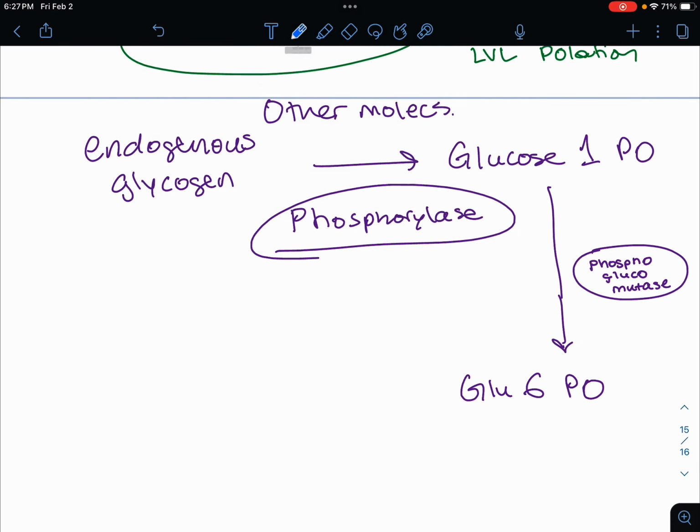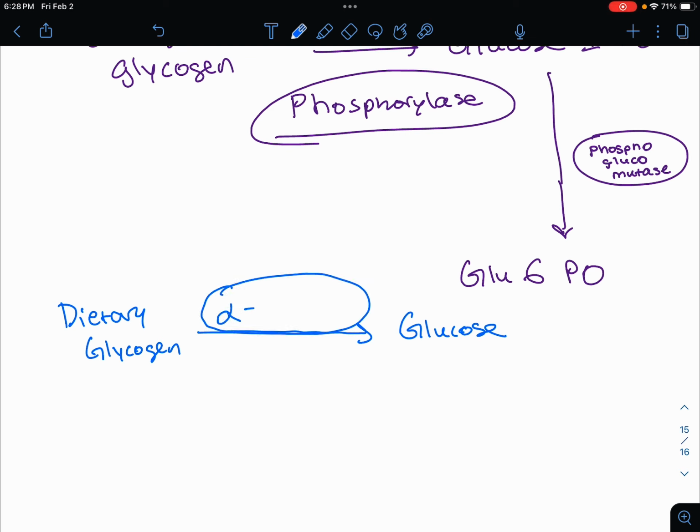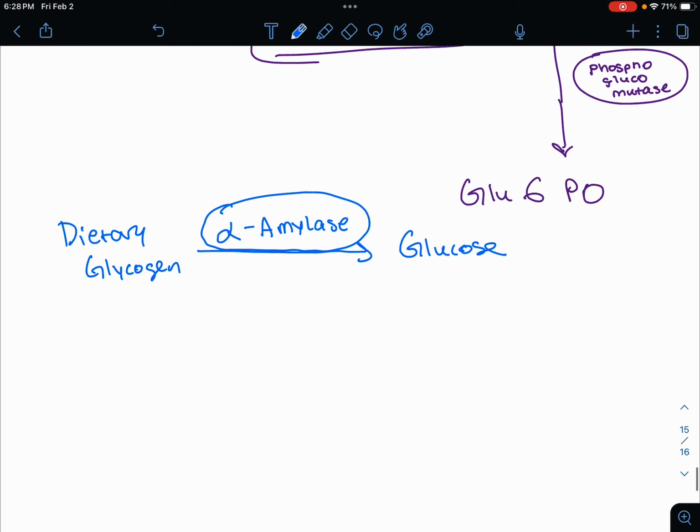Another molecule that could be used in glycolysis would be the dietary glycogen. Dietary glycogen goes to glucose in a whole slew of steps, but the most important would be the enzyme alpha amylase. We also have a few other molecules, but 2 of them are the focus.